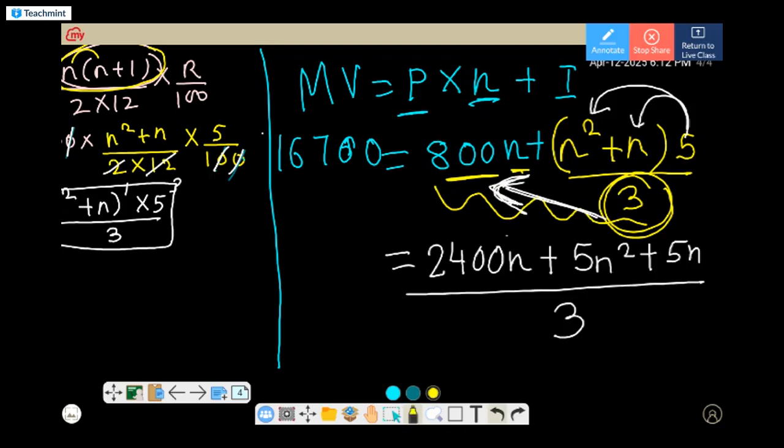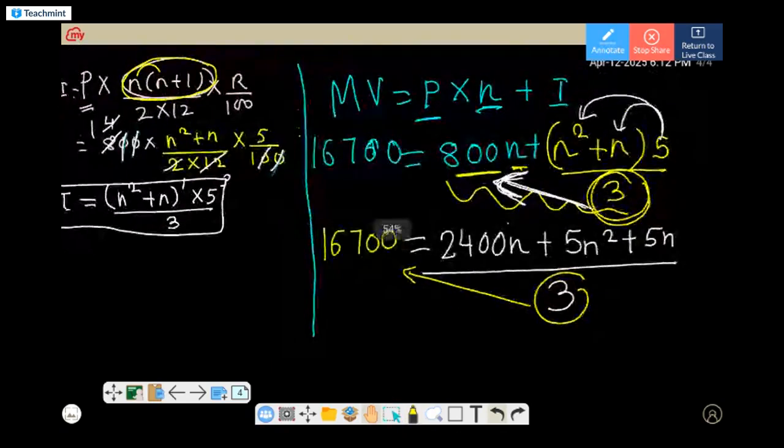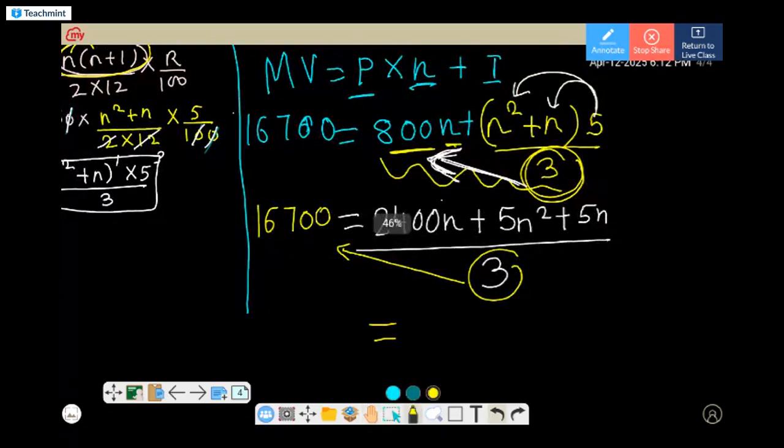And on the left side you have 16,700, and this 3 can also be transposed to the left side, so it will get multiplied. So 16,700, let's multiply with 3. You will get the answer as 50,100.